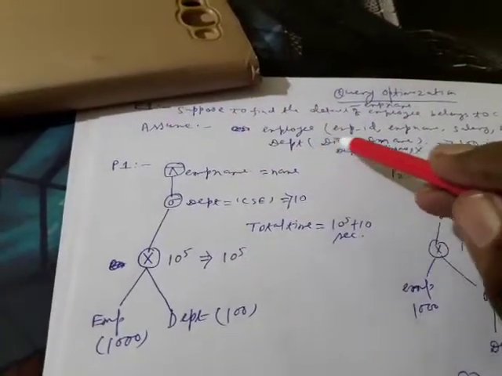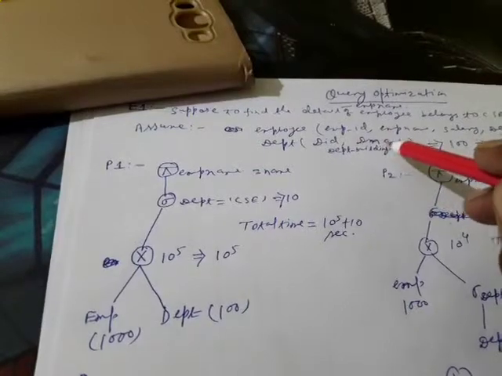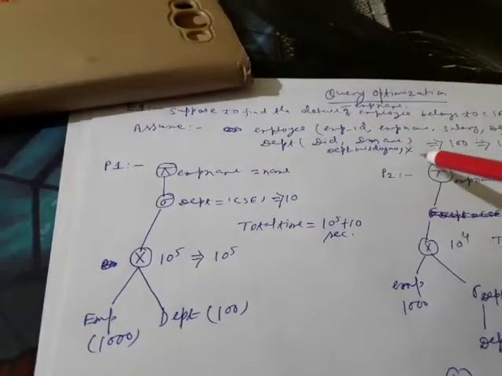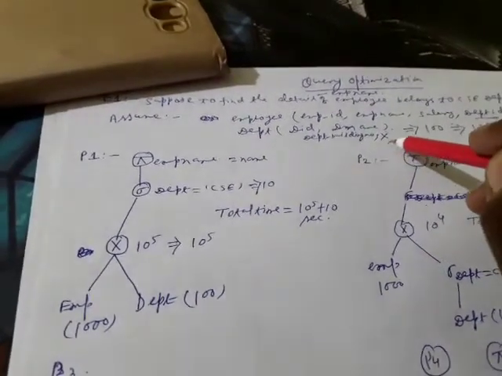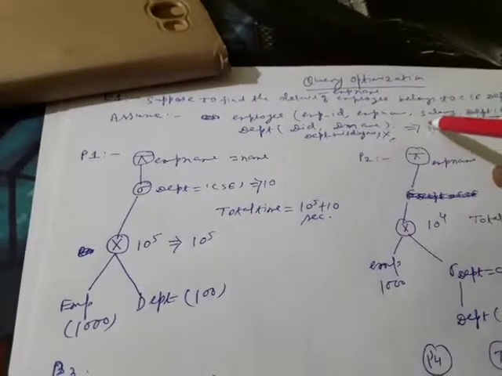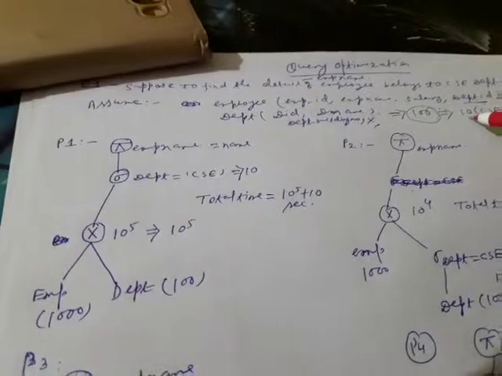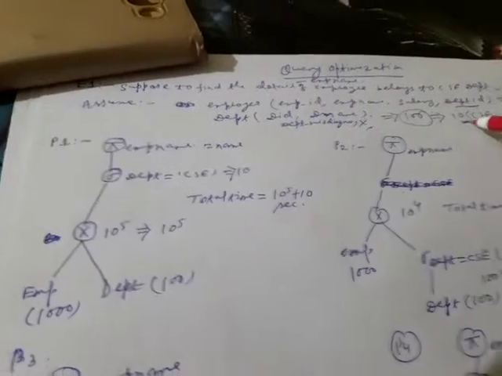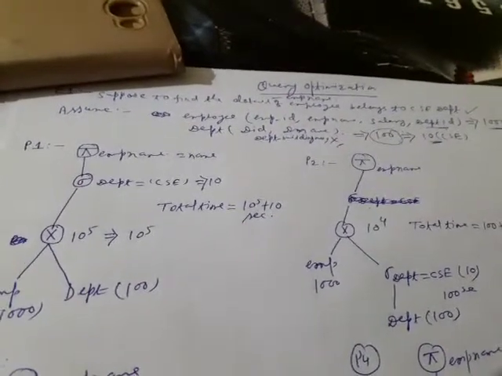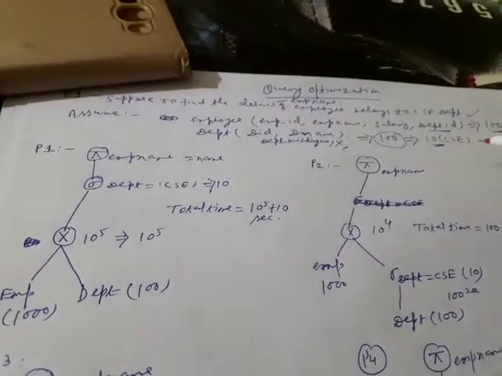Now in the case of department, we assume department ID, department name, department building number, and one more attribute. Each has, suppose, 100 values, and out of 100, 10 belong to the CSE. These are the assumptions we have made before going for the query optimization.